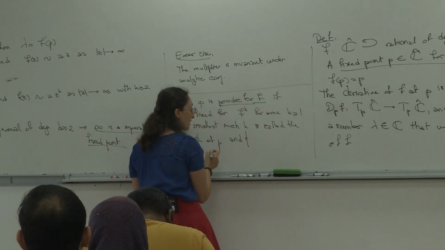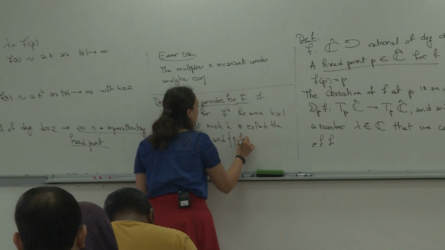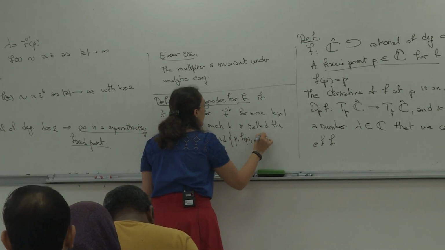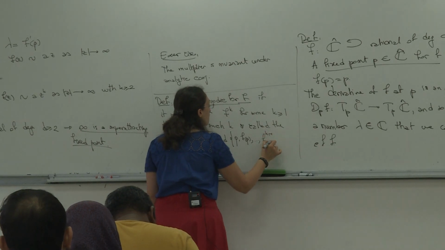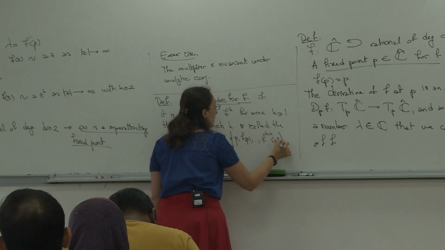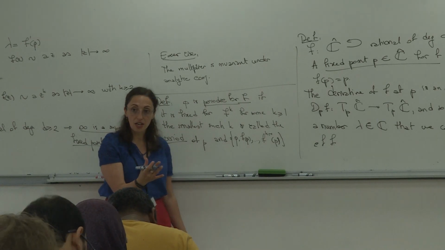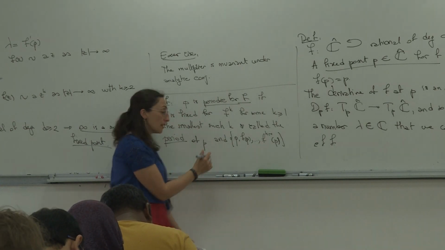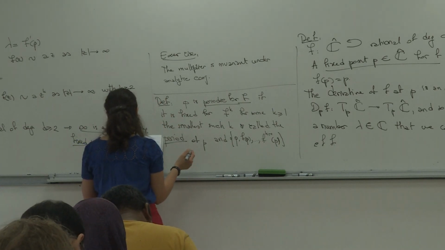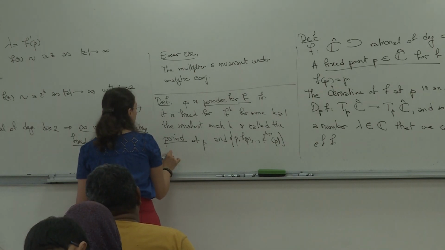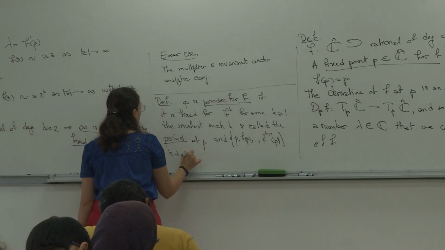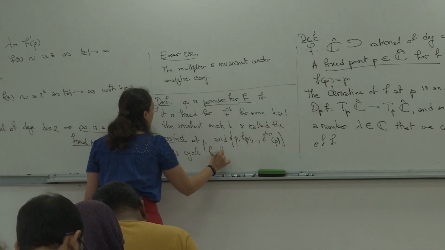And then you're going to have a set P, f of P, until f iterated k minus 1 times of P, and then you stop, because if you iterate k times, you're going to get back to P. This is going to be called the cycle. So this is a cycle for f.